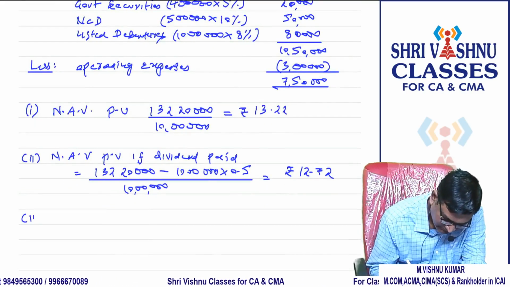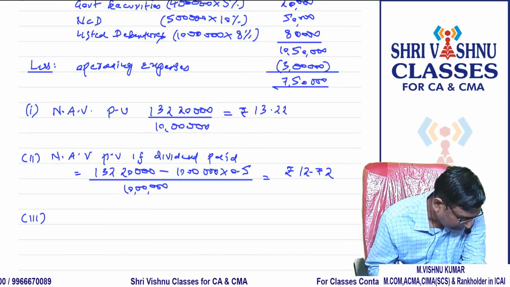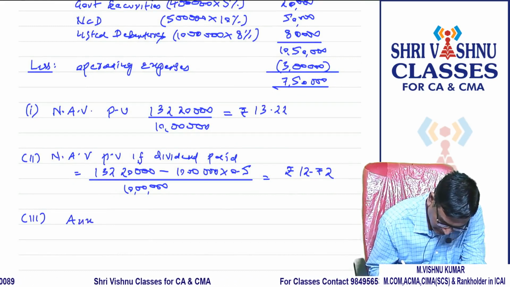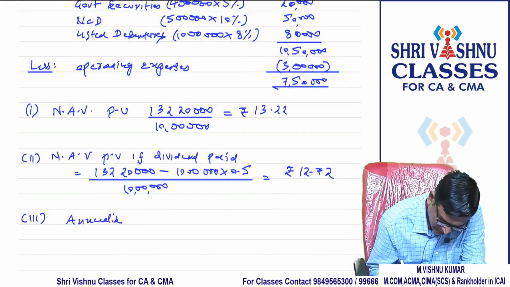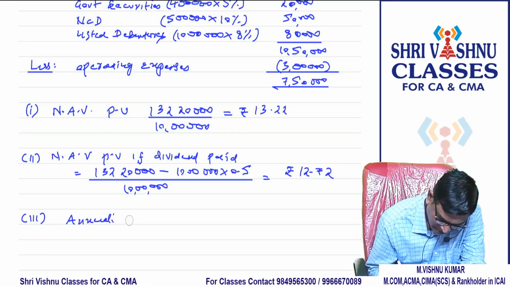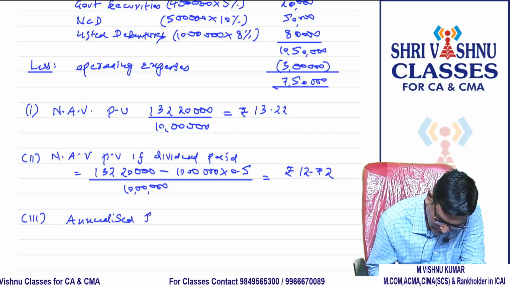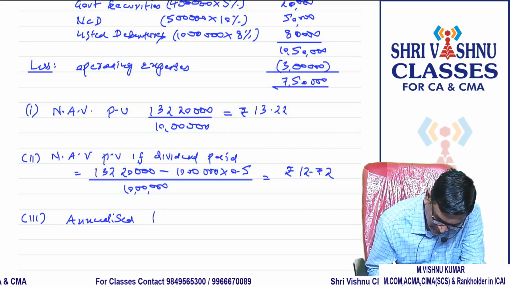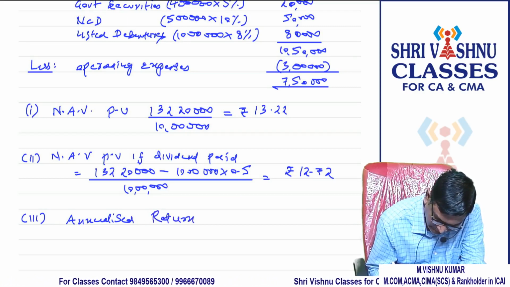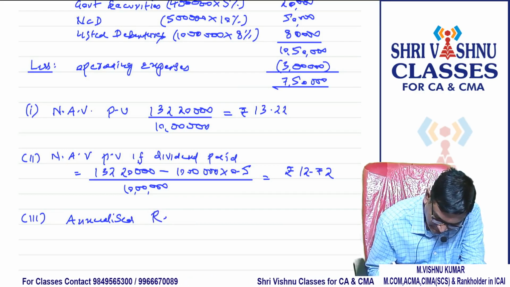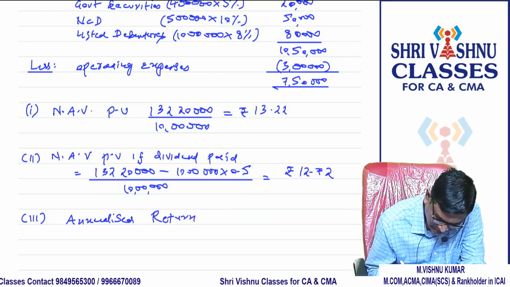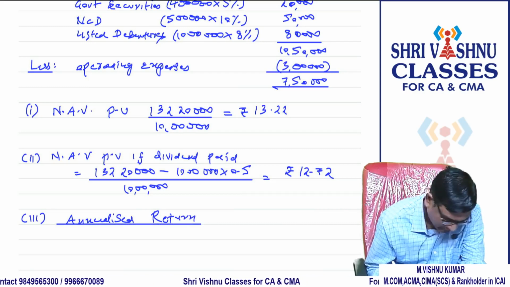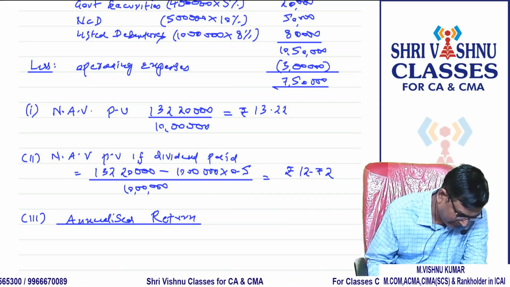Third, annualized return. This we will understand at a later stage. Annualized return means total how much return they are generating.